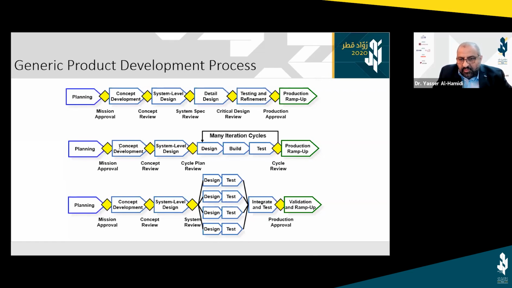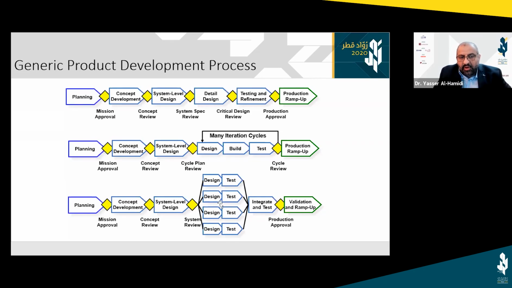For other type of products, like the ones we refer to as quick build products, we use the other one. For quick build products, as you can see here, the difference from the generic one is that we need to go into different iterations of design, build, and test to be able to push the product to the market.